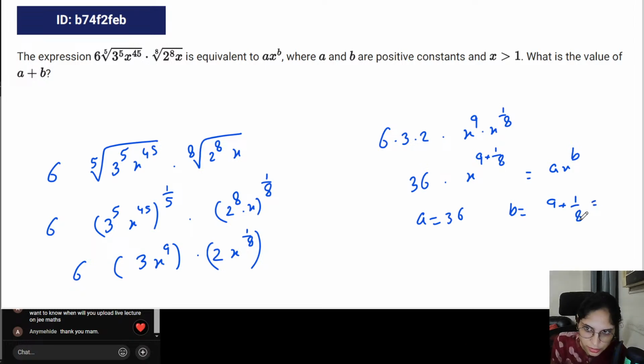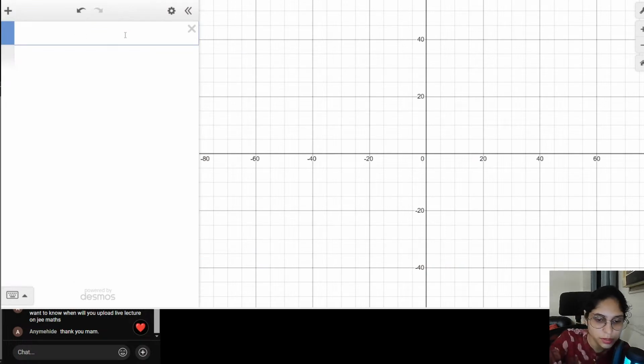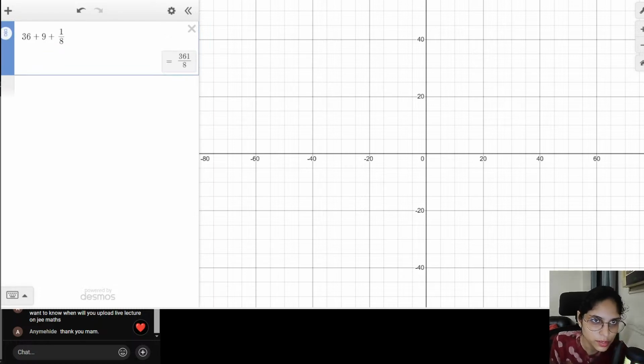That is 9 and 1/8, 73 over 8. So a plus b is going to be 36 plus 73 over 8. Solve it over here. You can also write plus 9 plus 1/8. 45.125 or 361 over 8.